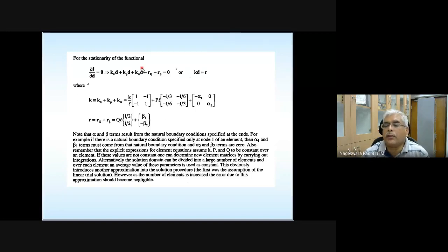Instead of taking the derivatives with respect to t1 and t2 separately, here the derivative is taken with respect to this vector d, and finally you are going to get an equation system like this, the element equation system, kd equal to r, where k has contribution from the coefficients k, p, and alpha, and the contribution to this r is going to be from q and beta.